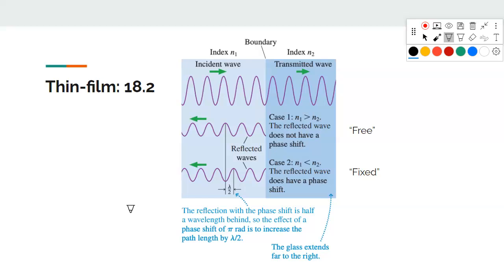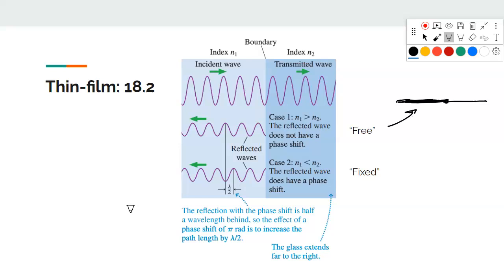And then the second idea is that, very similar to the case of strings, we have two types of boundary conditions. So hopefully from chapter 17, you remember that if we have a heavy string connected to a light string at some point, then when the wave on the heavy string comes through, it easily moves the light string.